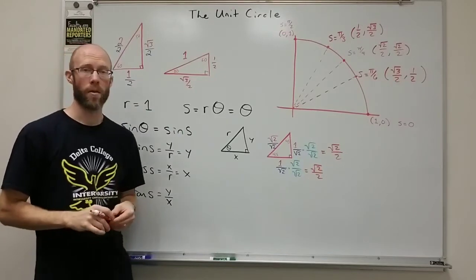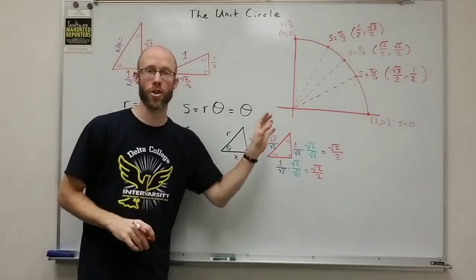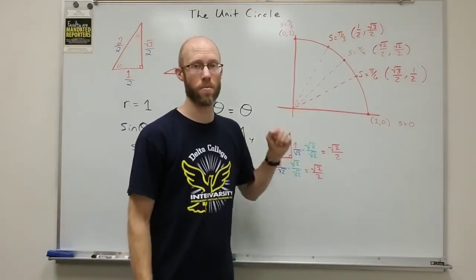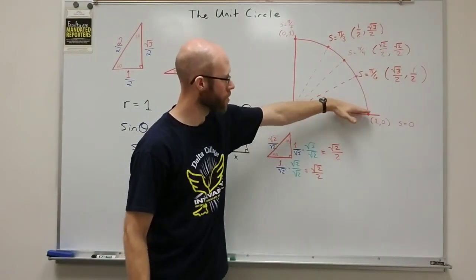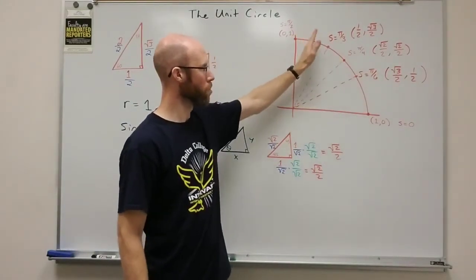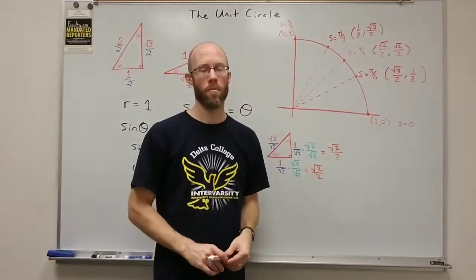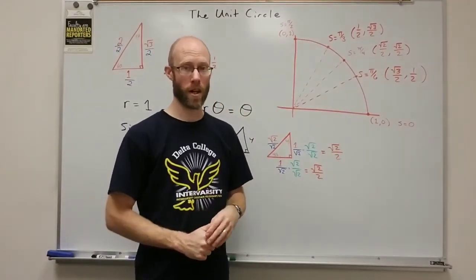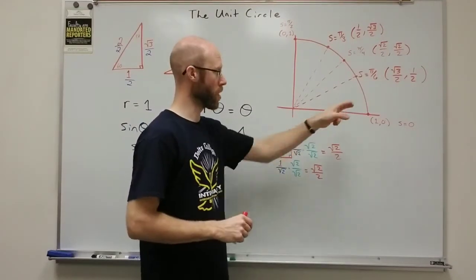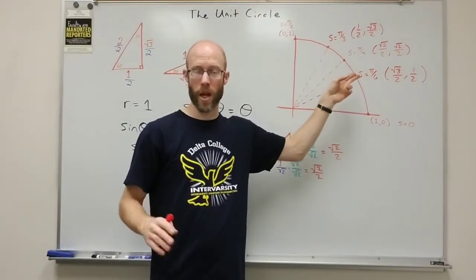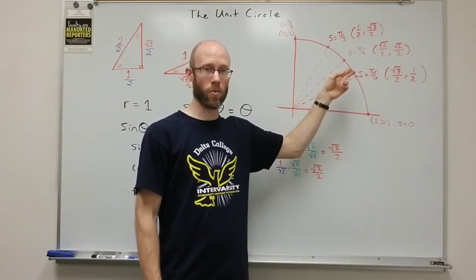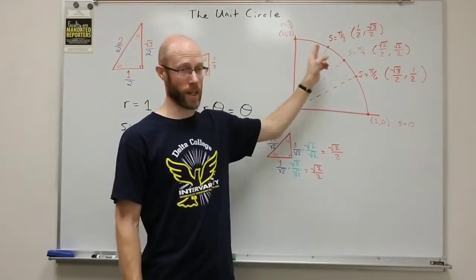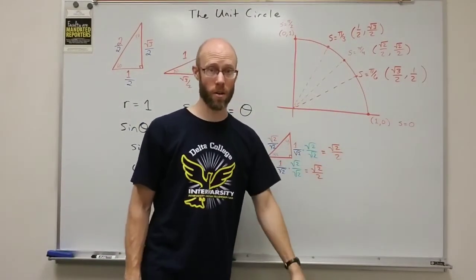Okay. That's really all that we can determine with exact values at this point. All the other angles in here and all the other points on the circle will be determined in other ways. In fact, we won't really be able to get to a whole lot of these. Your calculator can. And so we will discuss a lot of them on the calculator or be able to find them on the calculator.